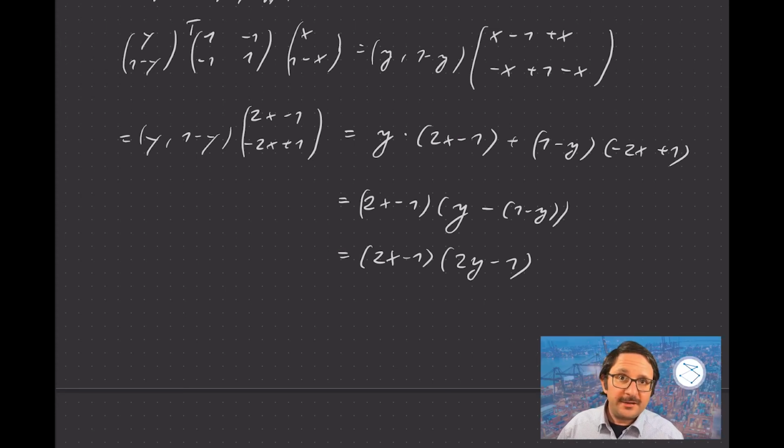And what we can easily see here is that each of the players can force the payoff to be 0. If the column player selects x equal to 1/2, then the payoff will be 0, because then this factor will be 0, regardless of what the row player does. And if the row player selects y equal to 1/2, then this factor will be 0. So again, the expected payoff will be 0.